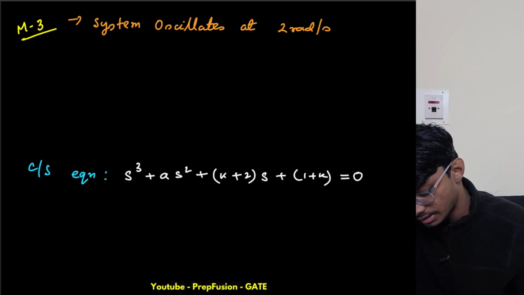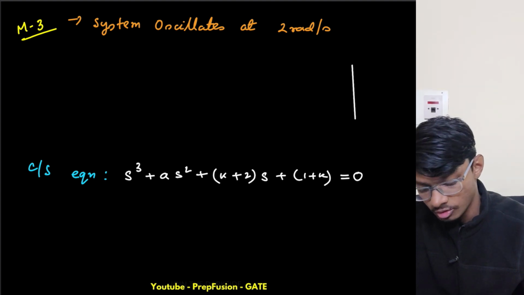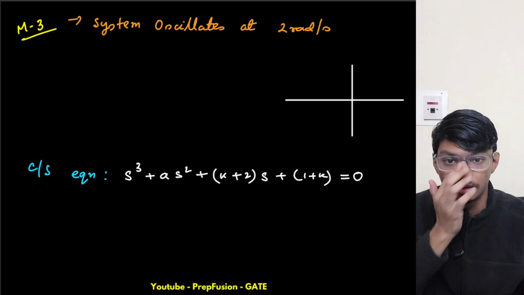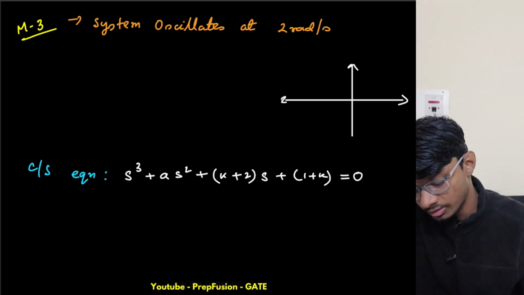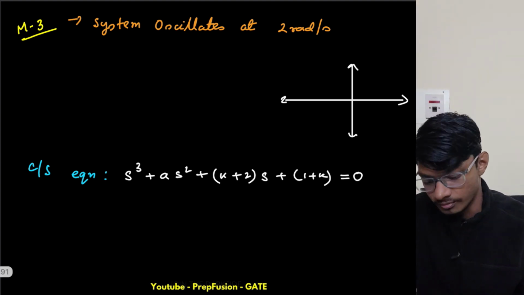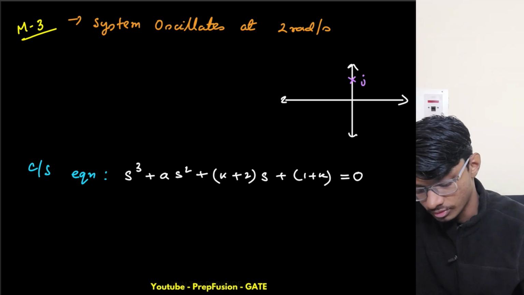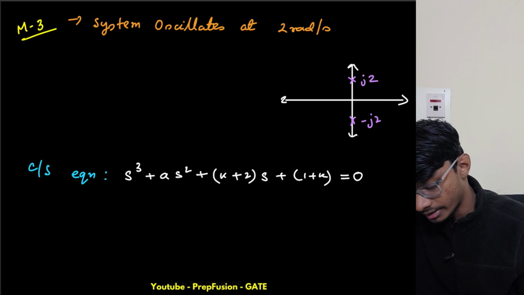This means that I know the location of two roots, because it is oscillating. Obviously they will lie on the imaginary axis. Just think about the undamped second order case, we already studied that. They will be lying on the imaginary axis in conjugate form. So one will be j2, and this will be minus j2. So I know about the two roots.